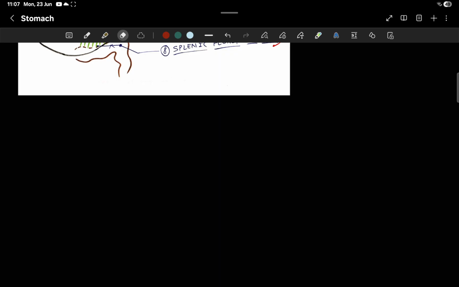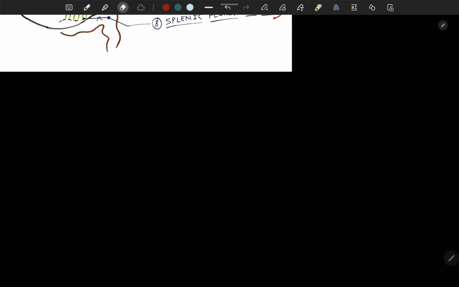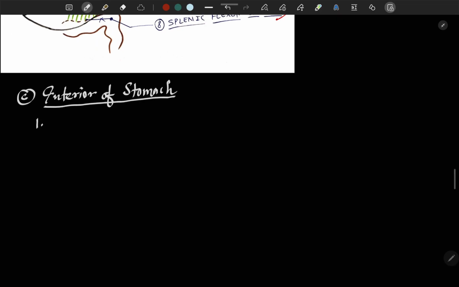First in the interior, that is gastric rugae. Gastric rugae are present in the interior portion. What is gastric rugae?